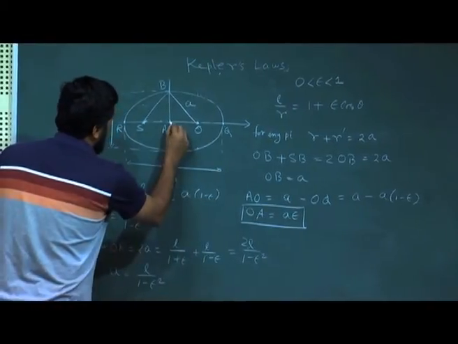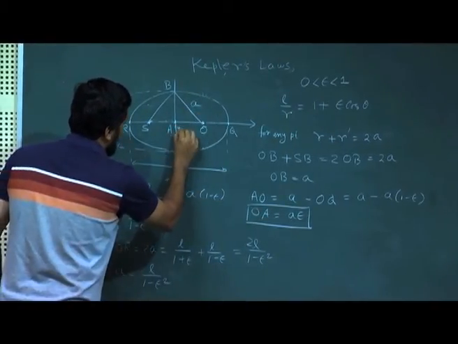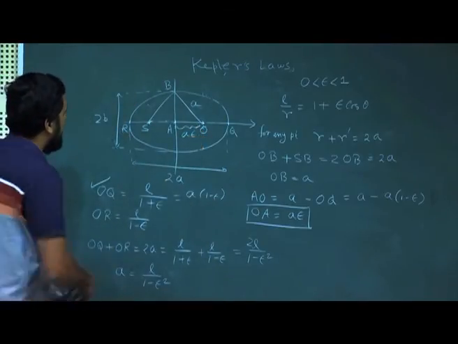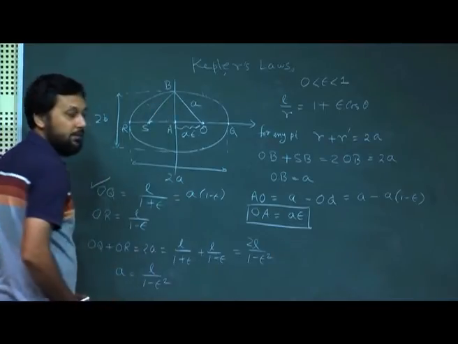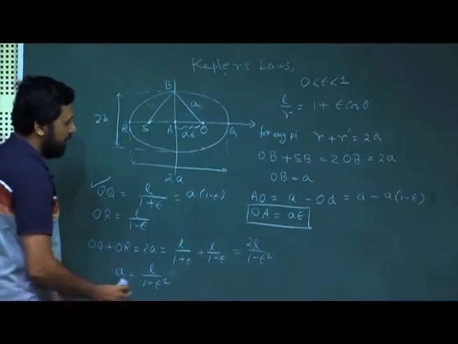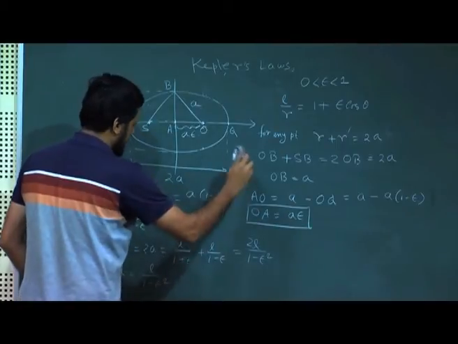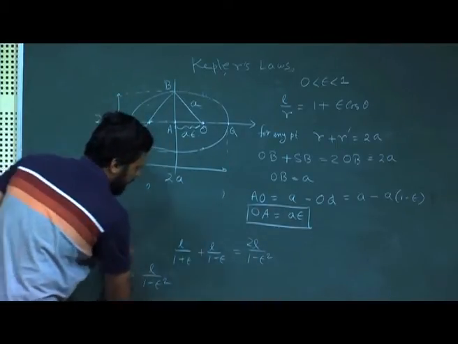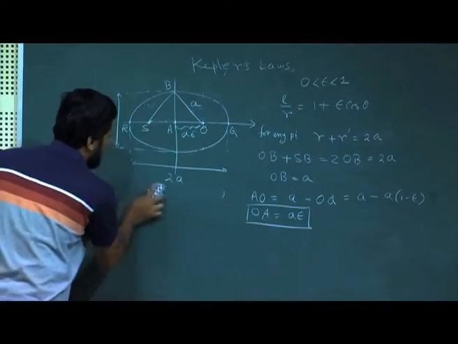So, this length is A, this length is A epsilon. So, finding this length AB is easy, right? That will be simply, okay, I do not need this part anymore, I just used the calculations we need.